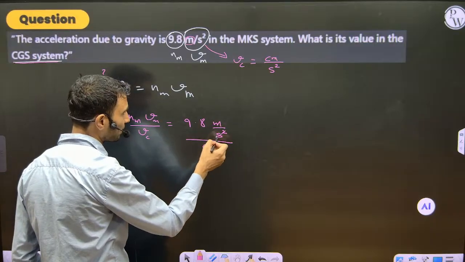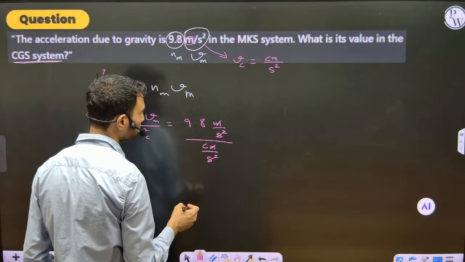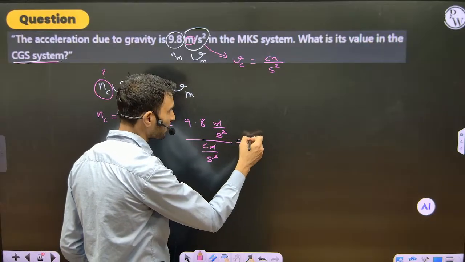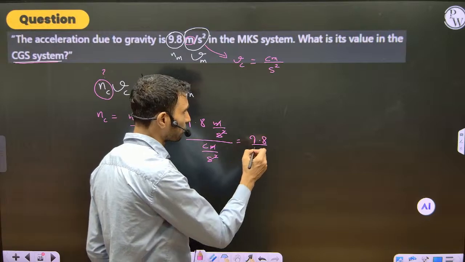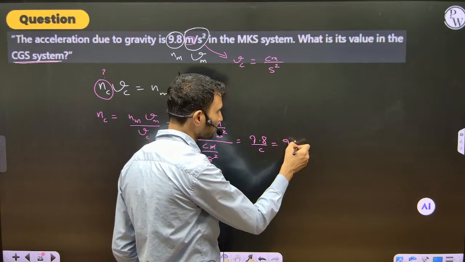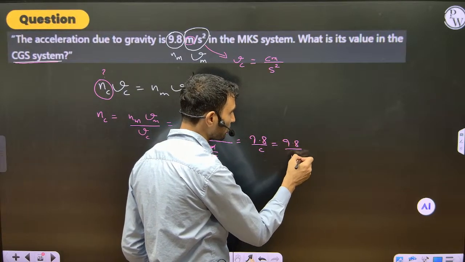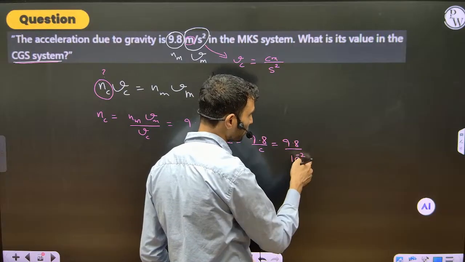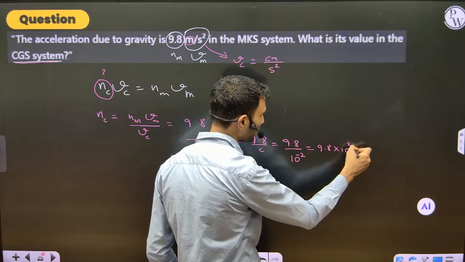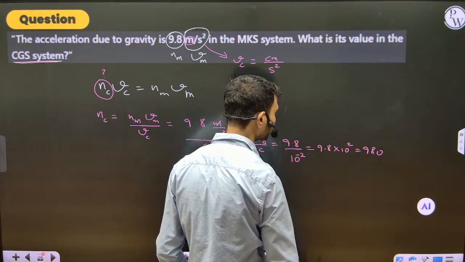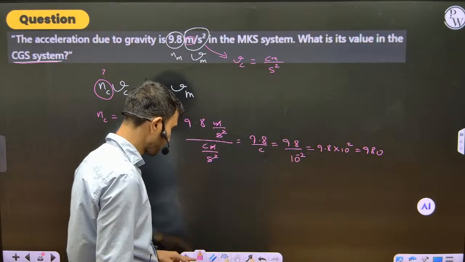And then meter gets cancelled, and what you're left with is 9.8 divided by C. And what is the value of C? C is 10 to the power minus 2, which goes in the numerator and it becomes 9.8 into 10 to the power 2, which is basically 980, right?